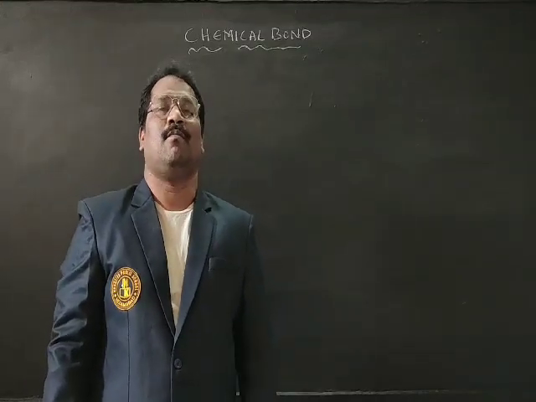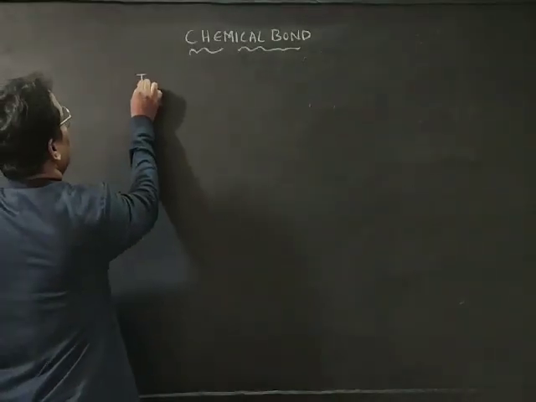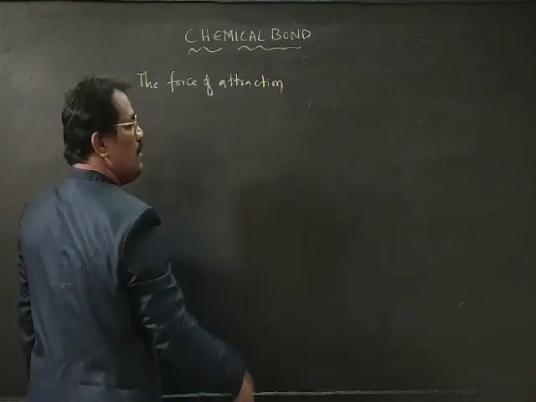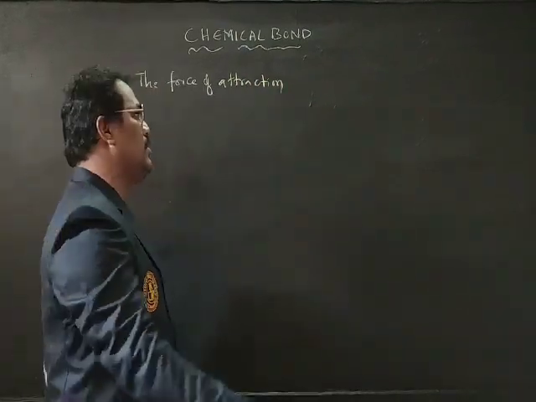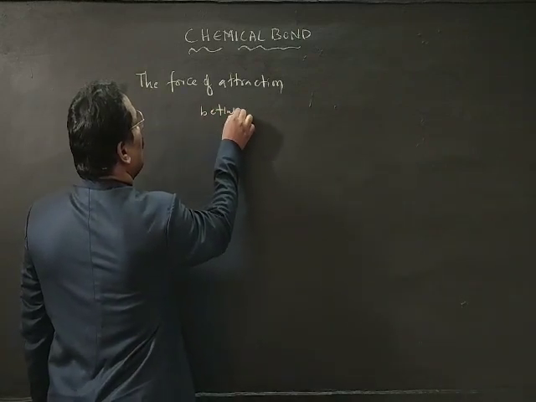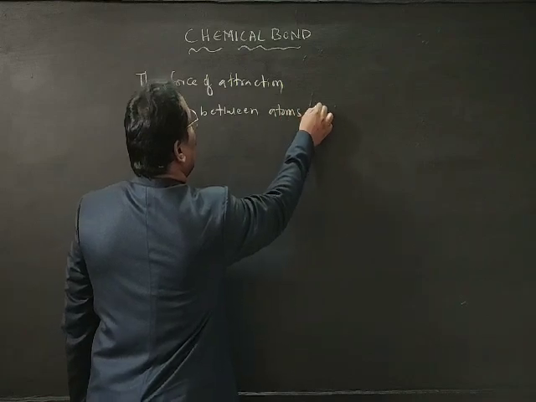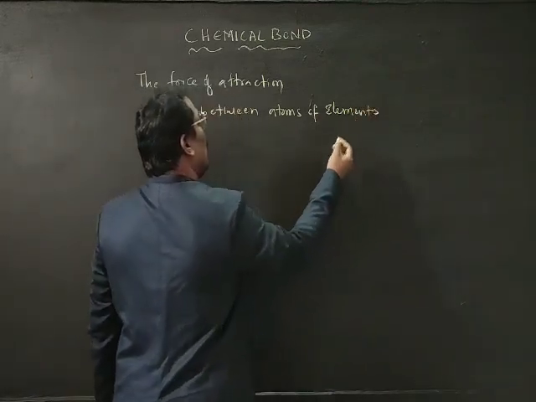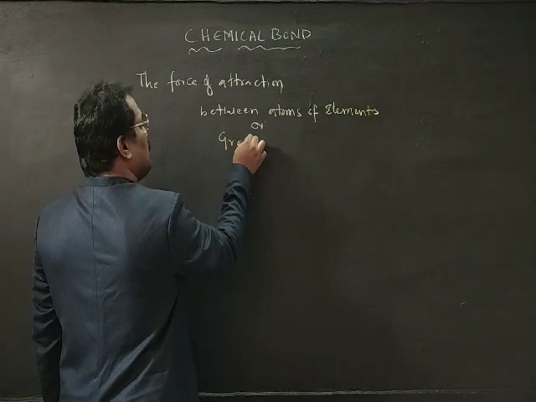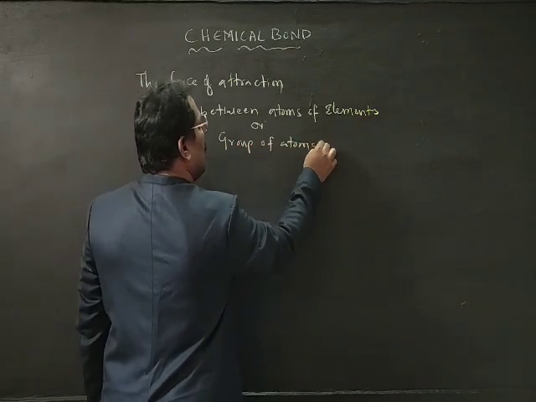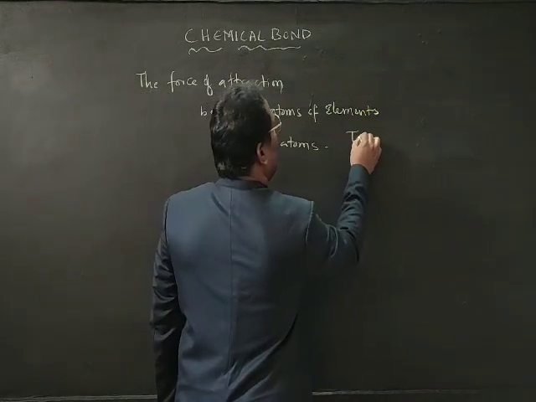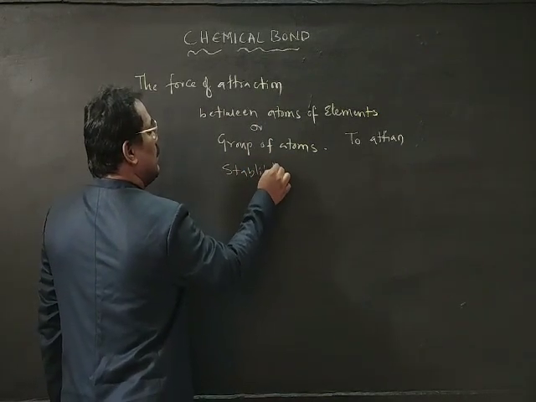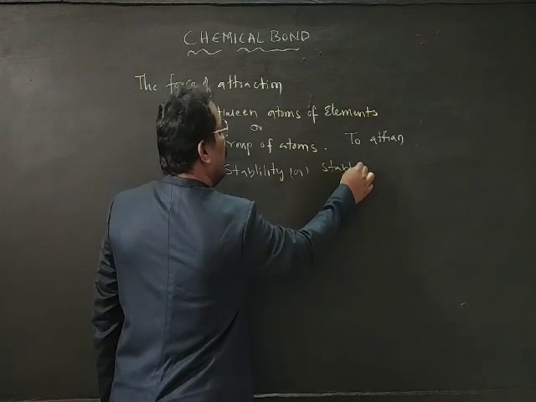What is called a chemical bond? It means the force of attraction between atoms of elements or group of atoms to attain stability, or a stable entity.